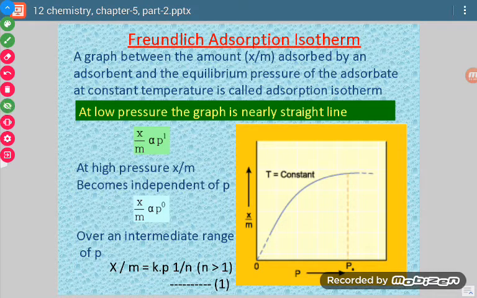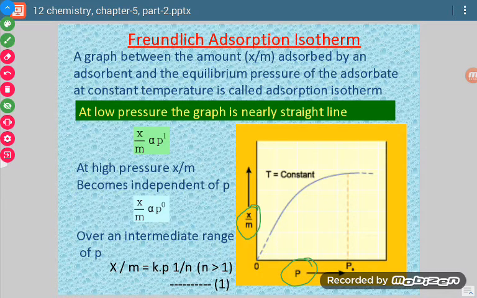By adsorption isotherm, we mean a graph between x by m and p. What do we mean by this? What is x by m? x by m is called extent of adsorption, and p is pressure.